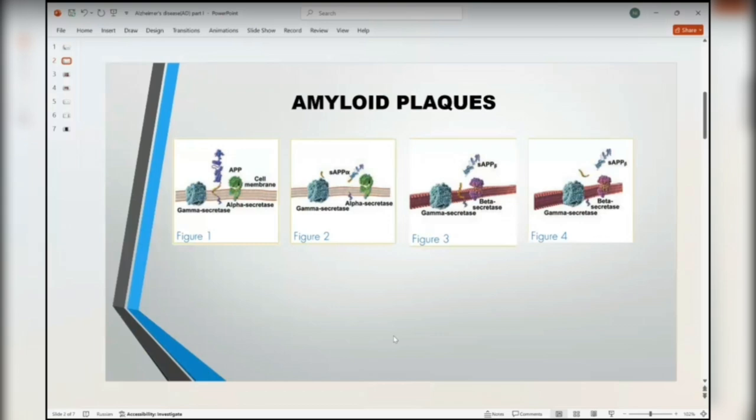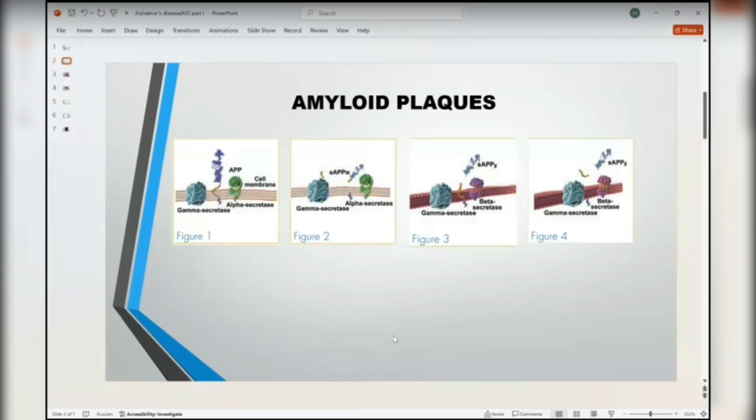So, how does APP develop into beta amyloid plaques? Here are 4 figures that you can see. The first one is amyloid precursor protein.